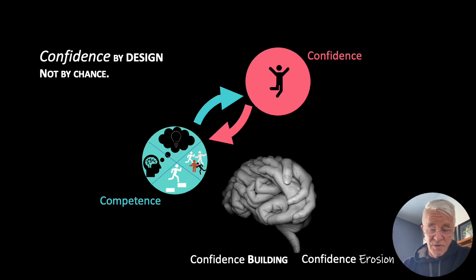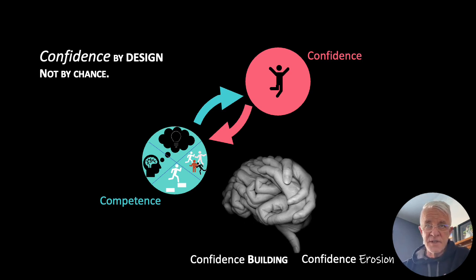But sadly, when I'm in many settings, in movement settings, in coaching, in sport, in teaching, I often see not just no intentional confidence building, but I often see confidence erosion behaviors. People using words, people having body language, people creating lesson plans that will actually erode the confidence of children or adults.